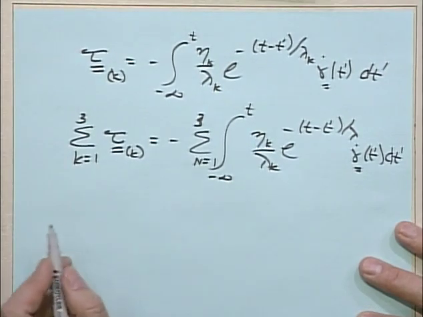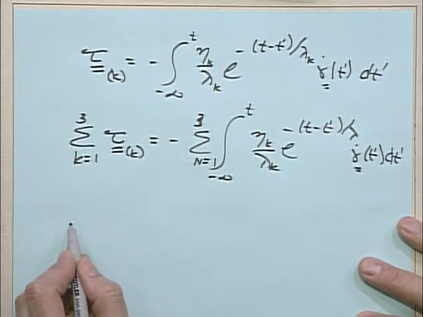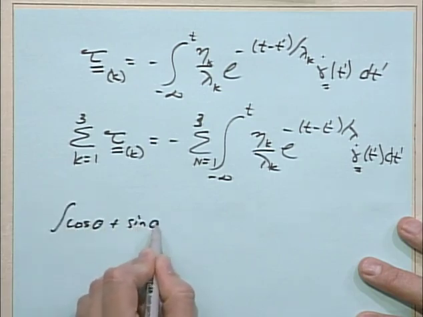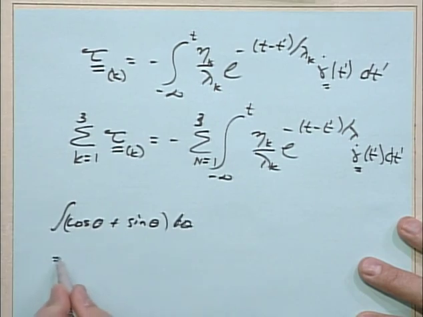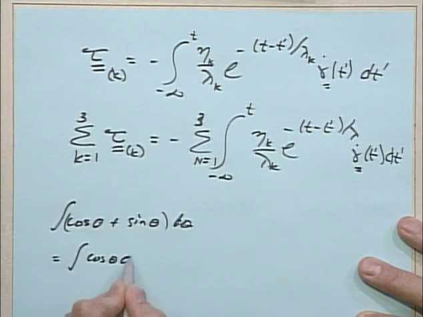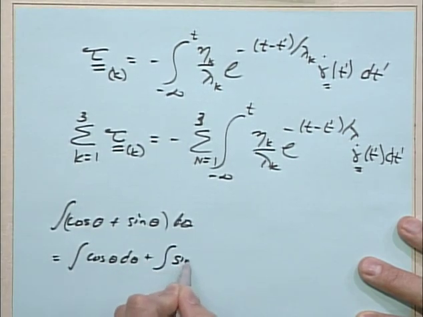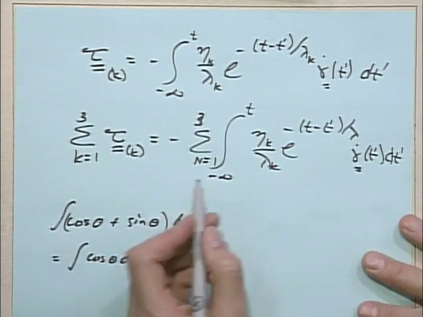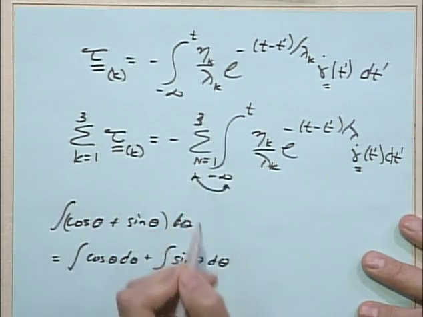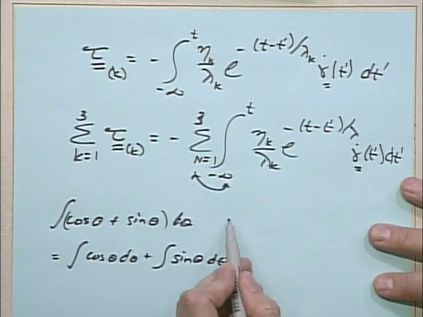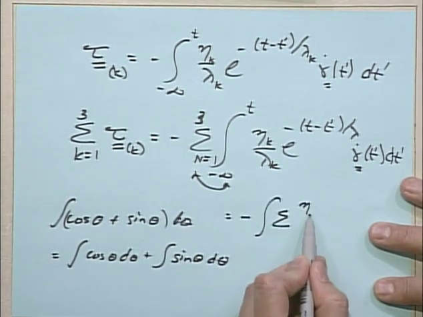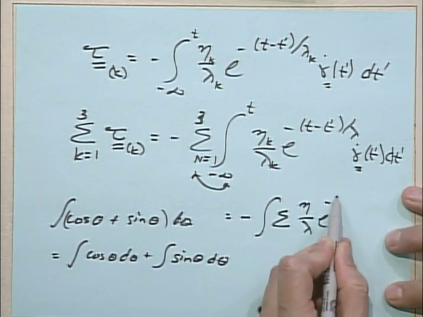Maybe it looks a little foreign here, but if you have the integral of cosine theta plus sine theta, d theta, you know that's equal to the integral of cosine theta, d theta, plus the integral of sine theta. This one is the integral of the sum. This one is the sum of the integrals. So I can switch these, and I get this. It's equal to minus the integral of the sum, eta over lambda, e to the minus, etc.